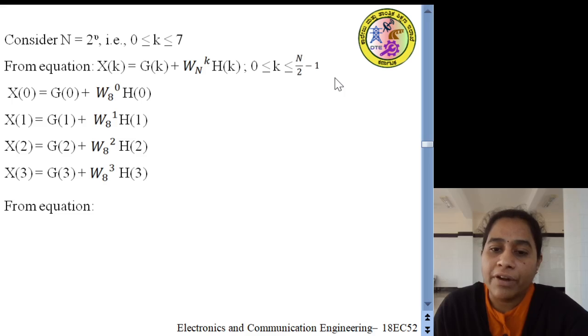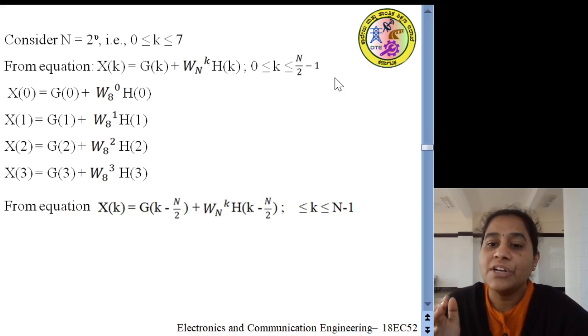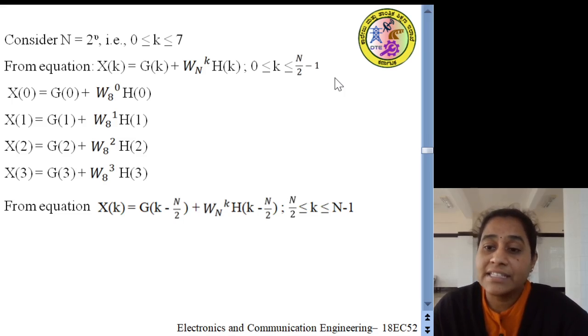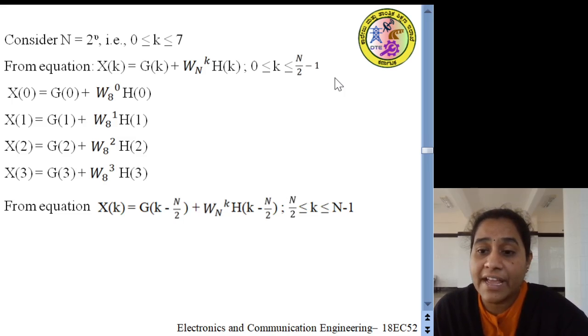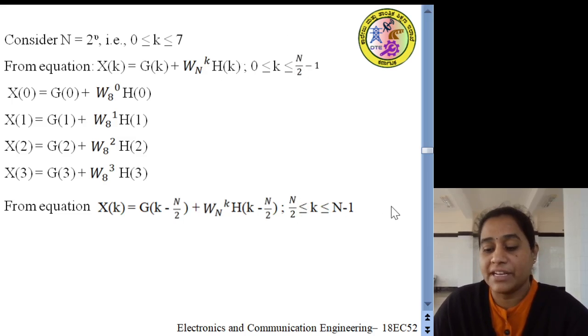So from the equation X(k) equal to G(k minus N/2) plus W_N raised to the power k into H(k minus N/2), here is the second half, where the value of k is varying from N/2 to N minus 1. We can observe here, this is the first half, 0 to N/2 minus 1, and here it is N/2 to N minus 1.